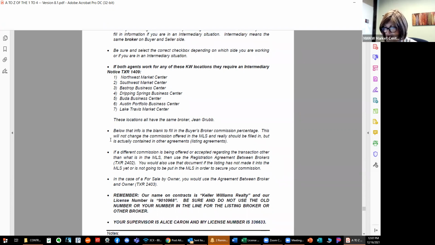Below that information is the blank to fill in the buyer broker commission percentage. This will not change the commission offered in the MLS. So put in what's in the MLS or what you've agreed to. If there's a different commission that has been agreed to than what's in the MLS, you need to use a document called Registration Agreement Between Brokers, TXR 2402.